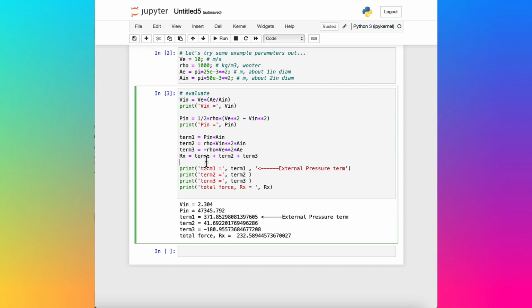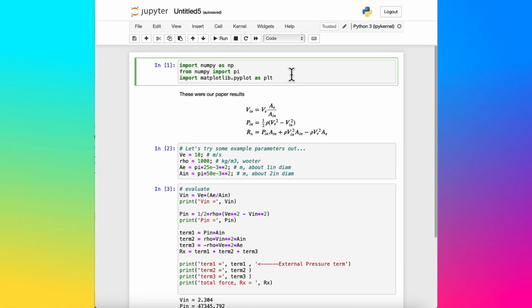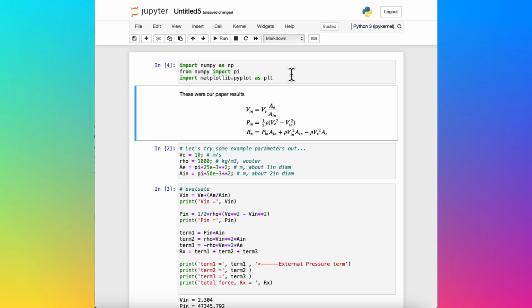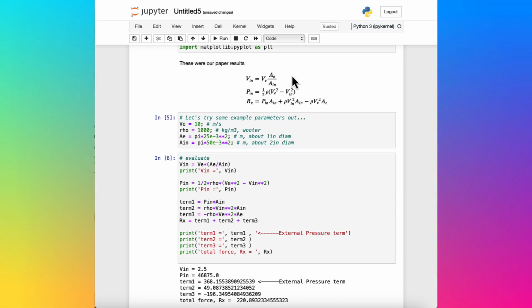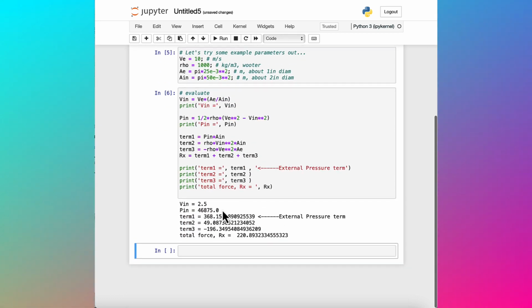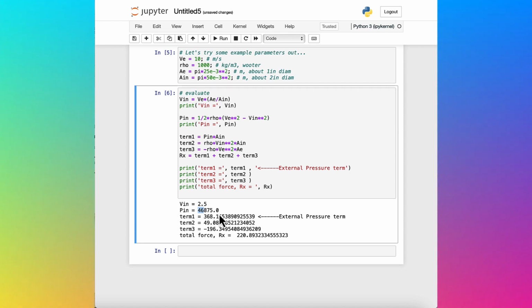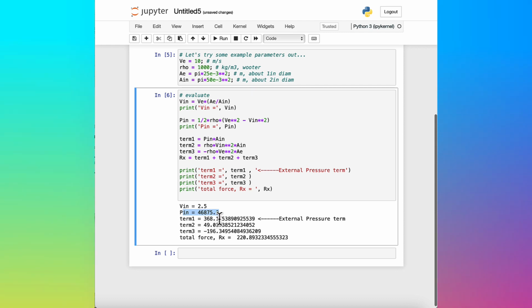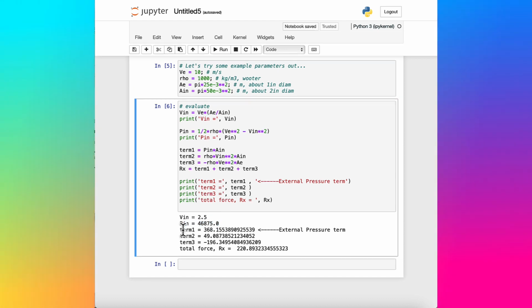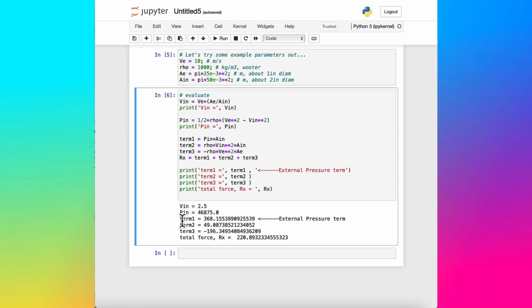Then I'll just export them. So evaluate, evaluate, evaluate. What you'll see is that the inlet pressure is a good 45 or 47 kilopascals higher than at the exit when you evaluate, which is a pretty large pressure. That's more than half an atmosphere, or almost half an atmosphere anyway.